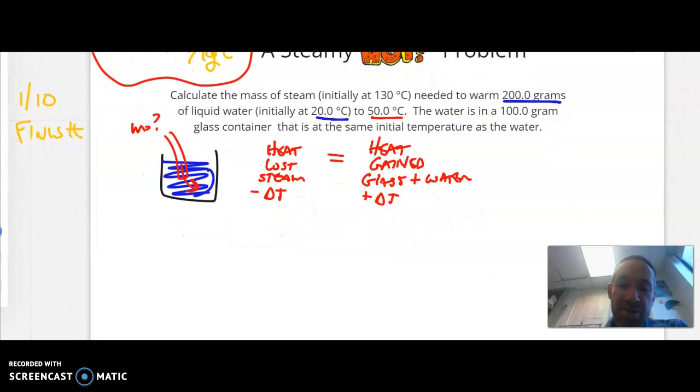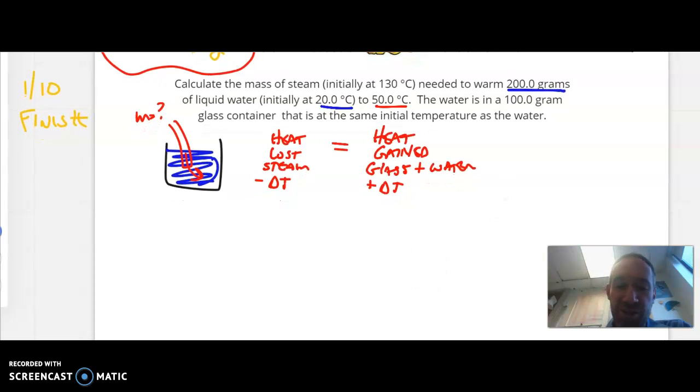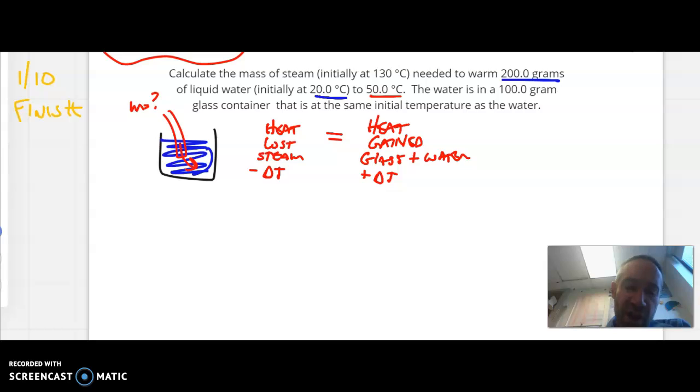You're either going to make those heat lost terms negative, or add them all up and make them equal to zero, or you're going to say higher temperature minus lower temperature rather than doing final minus initial for deltas the way you usually do it. The way I'm going to do it is I'm going to say that the heat lost by the steam is the heat gained by the glass and the water.